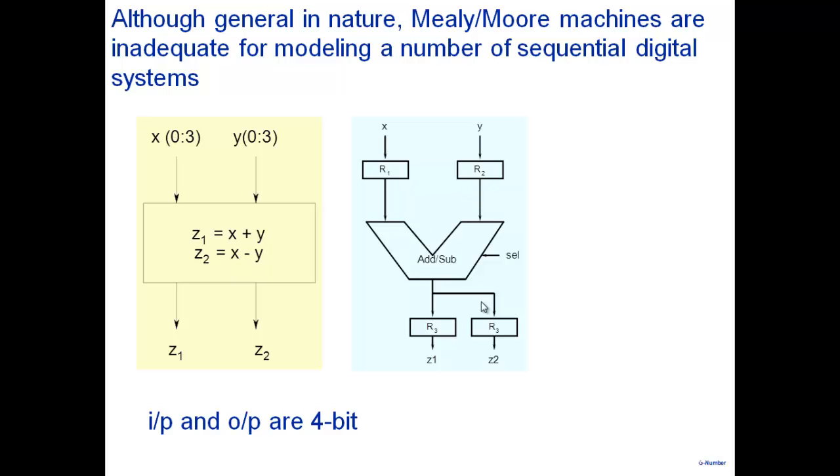Now, if we try to think of this block diagram in terms of a Mealy or a Moore machine, note we had seen earlier that a Mealy and a Moore machine has state memory and combinational logic blocks, right?